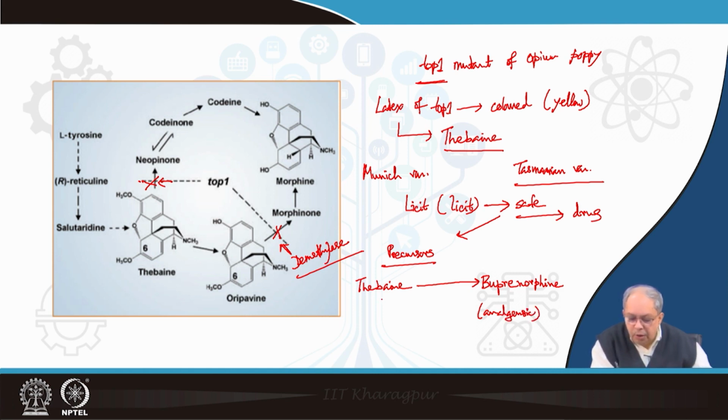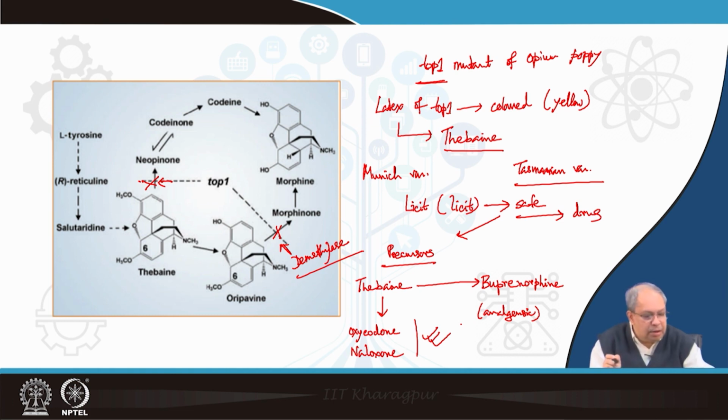Not only that, thebaine can be chemically transformed into several pharmaceutically important molecules. For example, oxycodone, then naloxone, and so on. So, there are heavy demands for this. Therefore, if the top 1 mutant is used for accumulation of thebaine, this thebaine can be utilized for producing these compounds, and there lies the implication of this work.